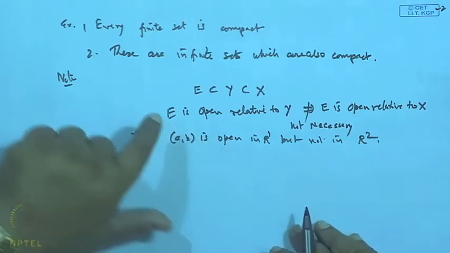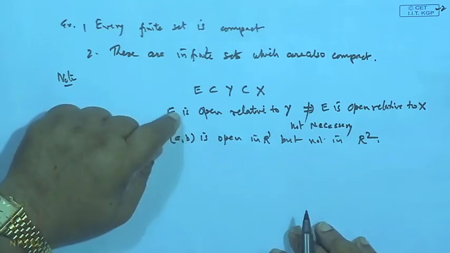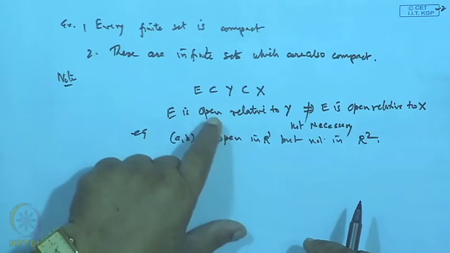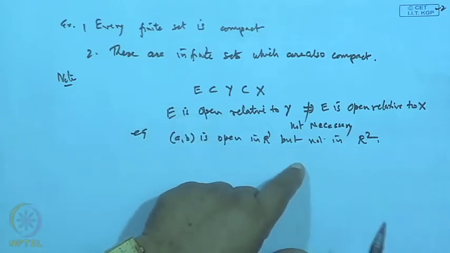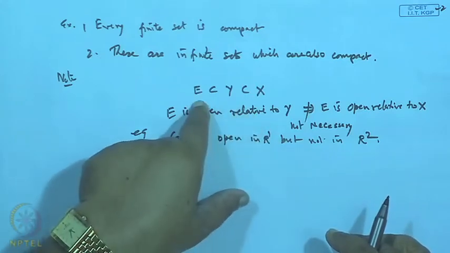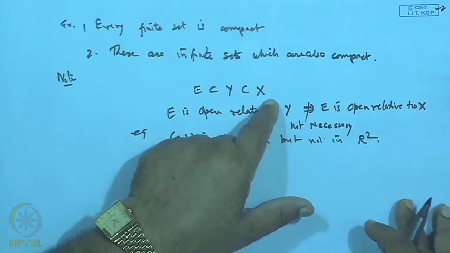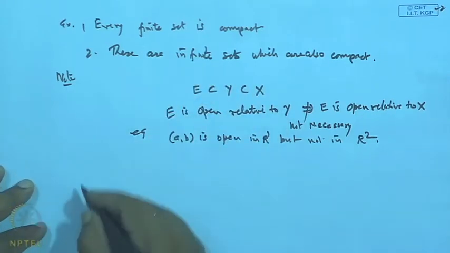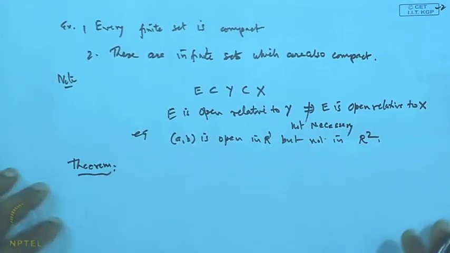So, the openness or closedness of a set depends on the space in which the set is embedded, but this is not the case so far as compactness is concerned. If a set is compact relative to Y, then it has to be compact relative to X and vice versa. This is an interesting result.